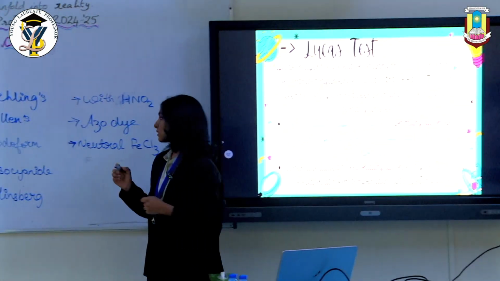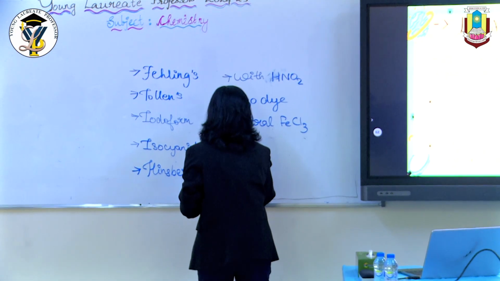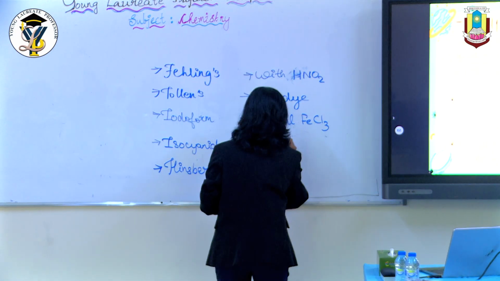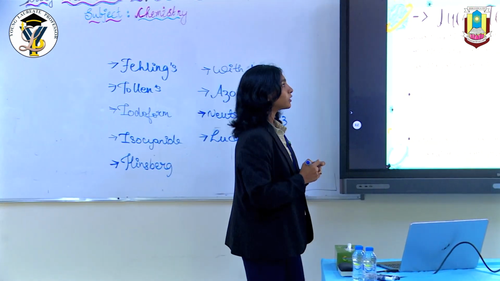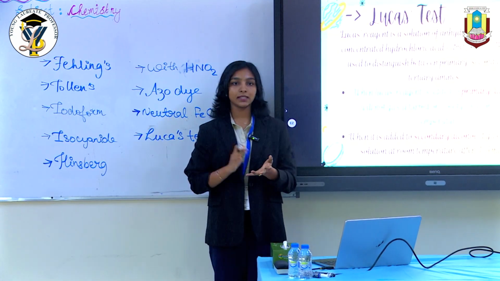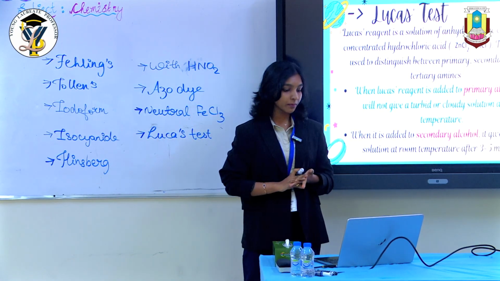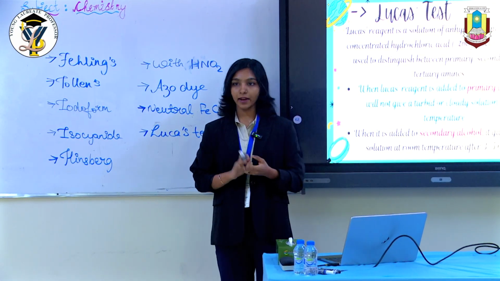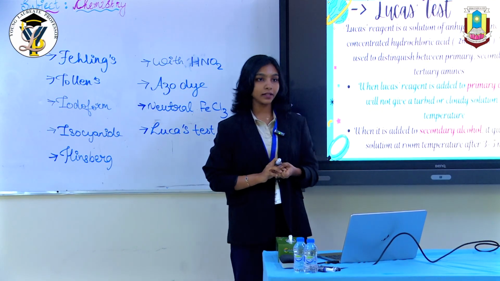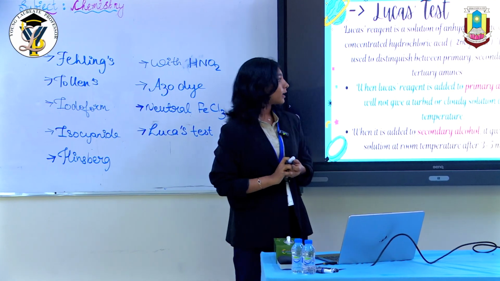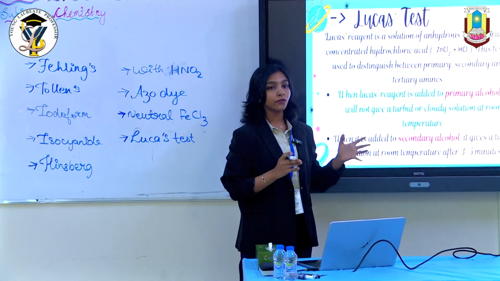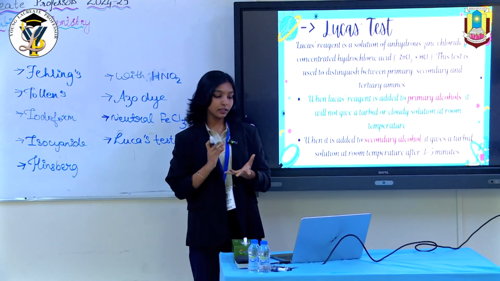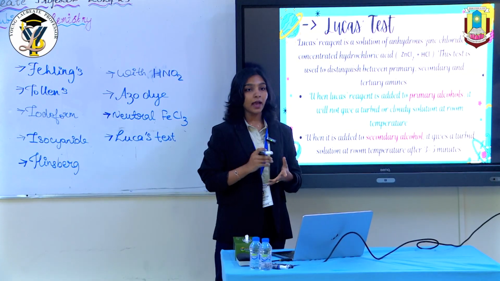Next is Lucas test. Lucas test is used for distinguishing primary, secondary and tertiary alcohols. Lucas reagent consists of anhydrous zinc chloride and concentrated hydrochloric acid. So when Lucas reagent reacts with a primary alcohol, a normal solution is formed which does not appear turbid at room temperature.